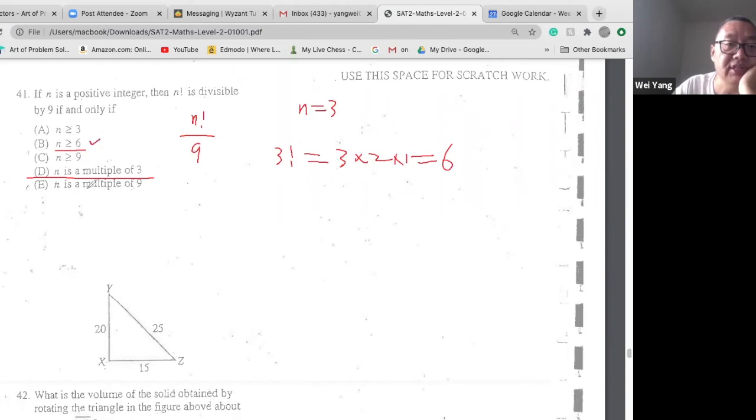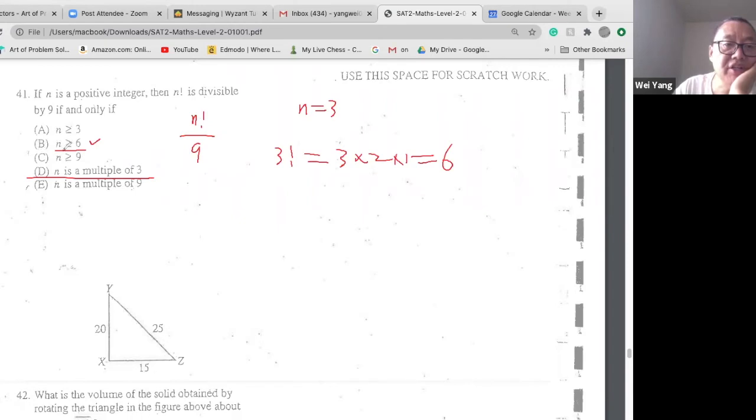Now let's see. n is a multiple of 9. If n is a multiple of 9, definitely n factorial is divisible by 9. That's true. But when you go backwards, if this is divisible by 9, you cannot guarantee n is a multiple of 9.